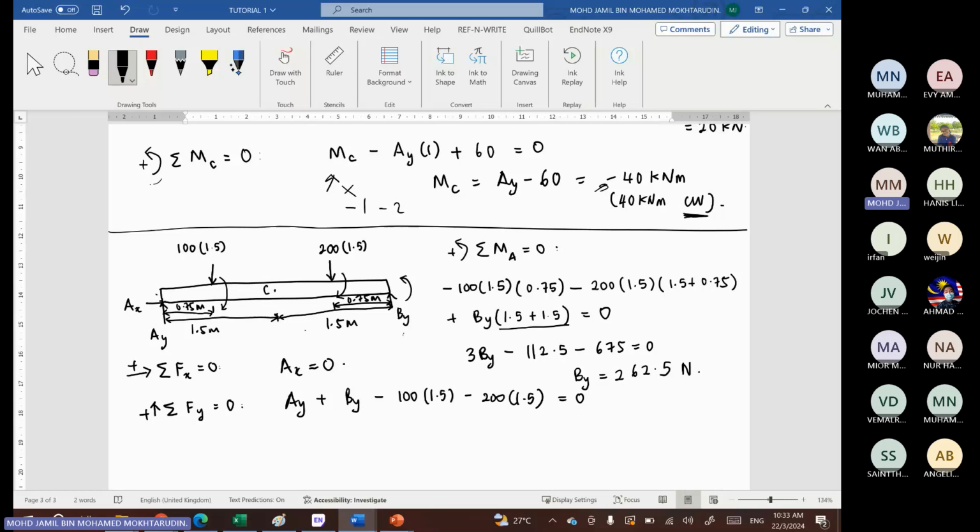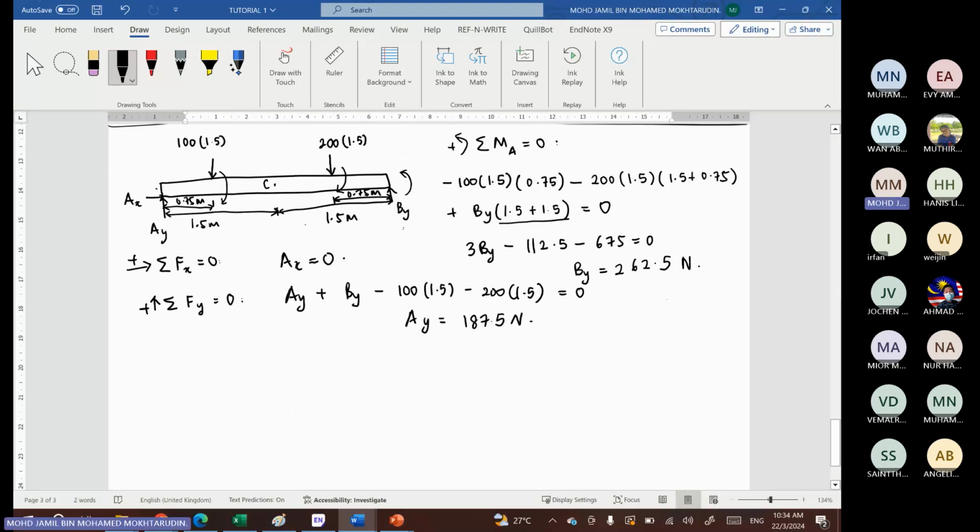Substitute everything, so you get Ay equals 187.5 Newton. Okay, so now you already obtained all of the reaction forces.